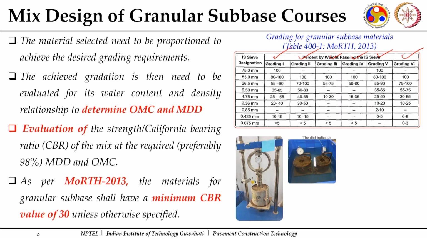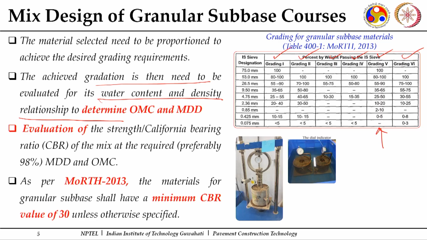As I mentioned, there are 6 gradations specified by MORTH for granular sub-base courses. Whatever gradation you have targeted, say gradation 5, you then attempt the physical characterization, the aggregates are found suitable, you attempt the proportioning, and you get a gradation within this particular gradation range. Then the next exercise is to evaluate the water content and density relationship.